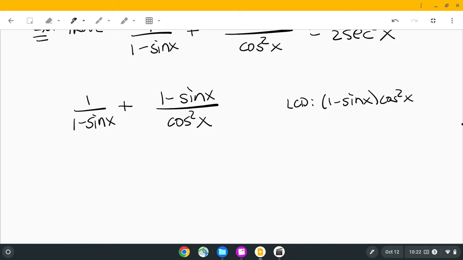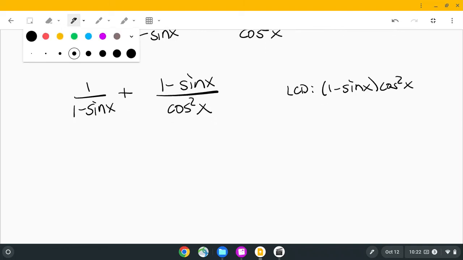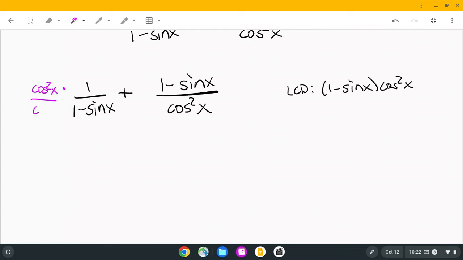This one's very similar to the last one we did. This one needs to be multiplied by cosine squared over cosine squared. This one needs to be multiplied by 1 minus sine x over 1 minus sine x.